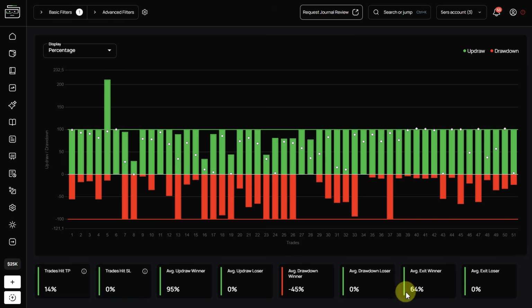The problem is here the exit on his winners. It's only 64%. So although the price almost always makes it towards his take profit, he's exiting his winners too early. And that seems to be an issue that is dragging down his reward to risk ratio significantly. So this is the first big thing that we can see in the data.